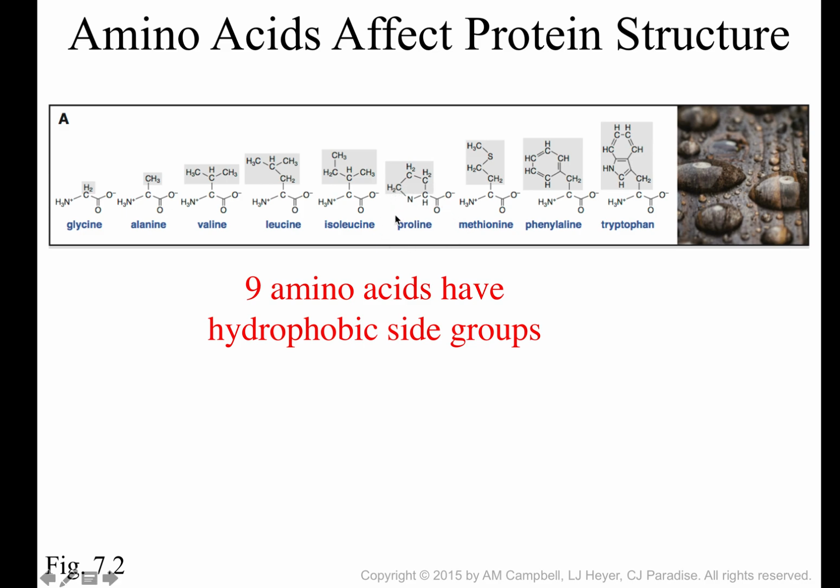Now they're cheating a little bit with this one, proline, because if you notice, it doesn't quite have the same structure here as all the others. When proline binds to another amino acid, it tends to put a big kink in the chain.